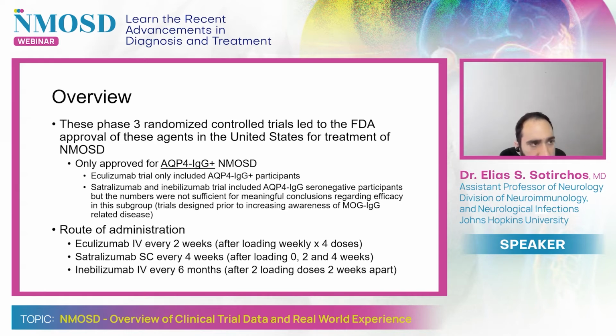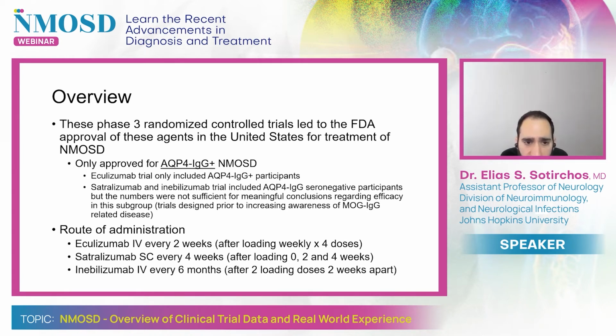My understanding is that in the UAE, from what I was told, satralizumab and eculizumab currently have been approved for the treatment of NMO. Now, in terms of the route of administration, which is important when we're counseling patients and selecting an agent, eculizumab is administered as an intravenous infusion every 2 weeks following a loading period of 4 doses administered weekly.